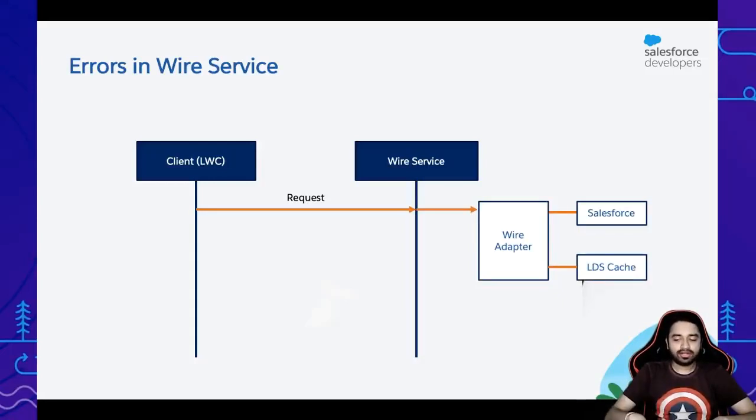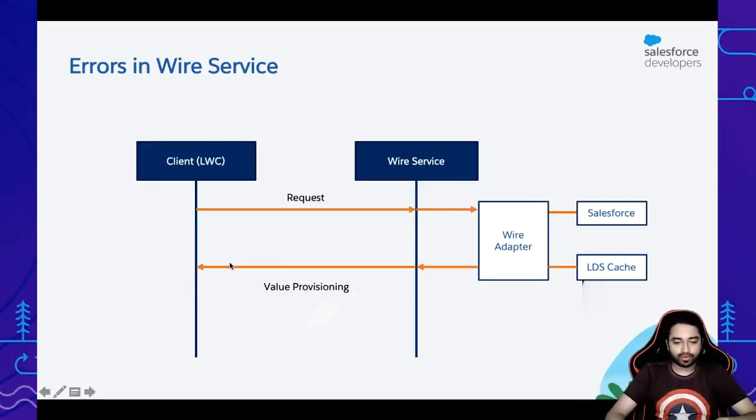The adapter in turn might decide to go to the Salesforce server to fetch the data, or it might go to the cache. In the end, all that complexity is taken care of by the wire service. Then the data is returned from the wire adapter to the service, which provisions the data to your Lightning Web Component. So you send a request, and then there is this whole wire adapter that does all this work.